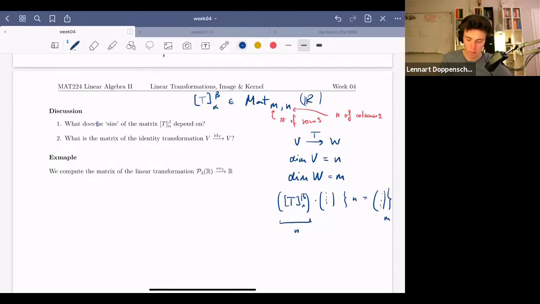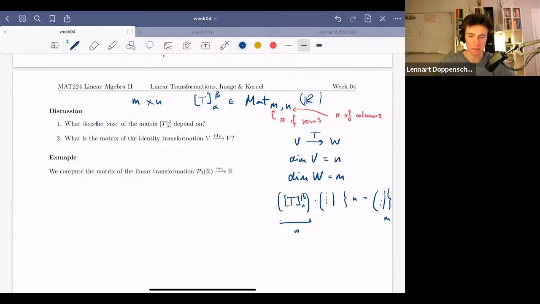So this way you can remember that the matrix is always m cross n, going from dimension n to dimension m.